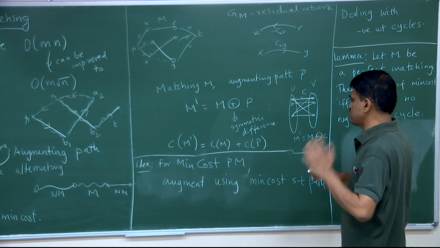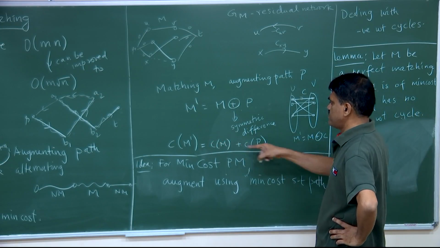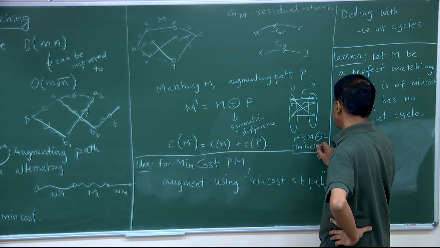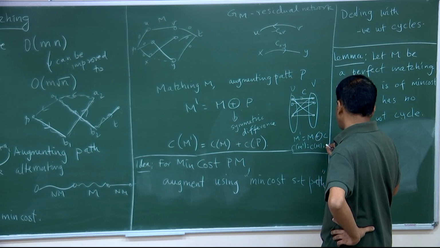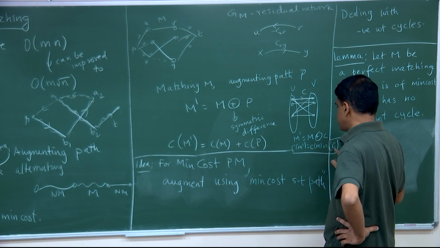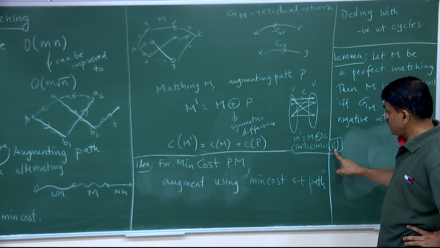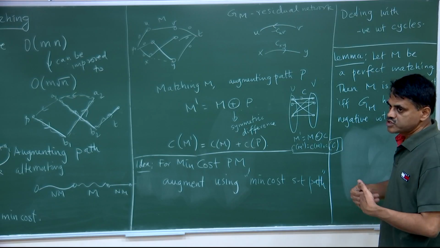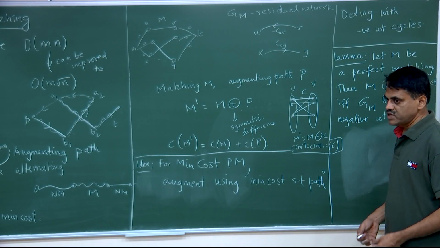And what is the cost of the matching? By this argument, the cost of the new matching is cost of M plus cost of C. So if cost of C is negative, then cost of M prime is strictly less than cost of M. So you got a smaller cost matching if you have a negative weight cycle.